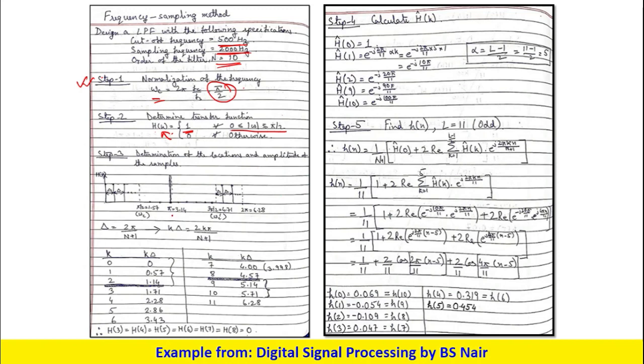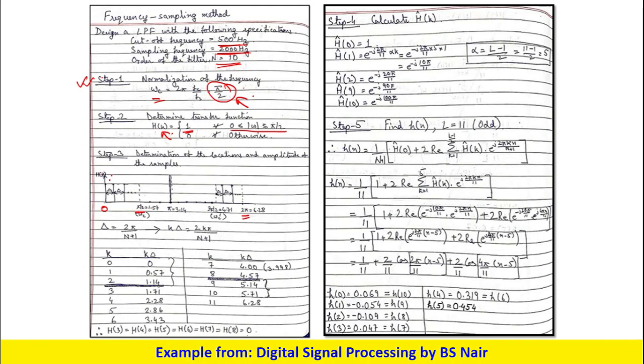So if you see over here, we have put the frequency responses. Okay, it starts from 0 and it ends at 2 pi. Our cutoff frequency is at pi by 2.